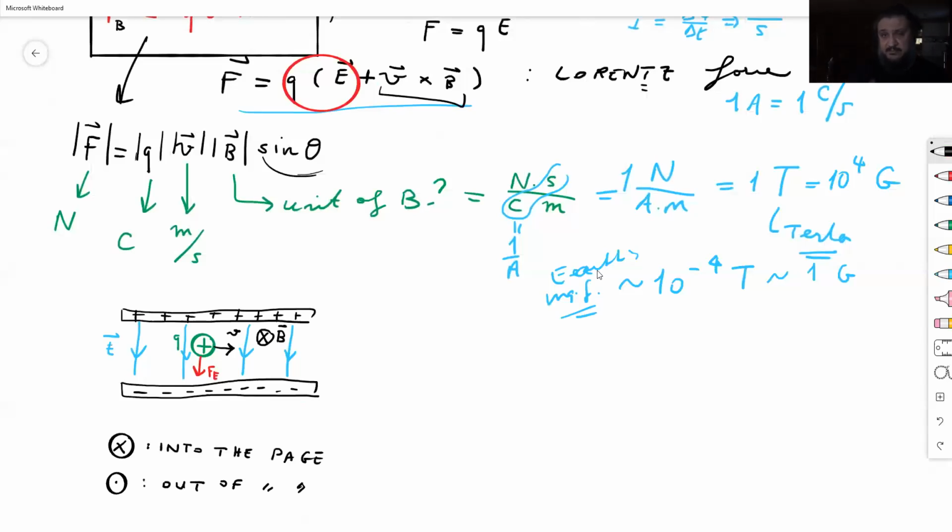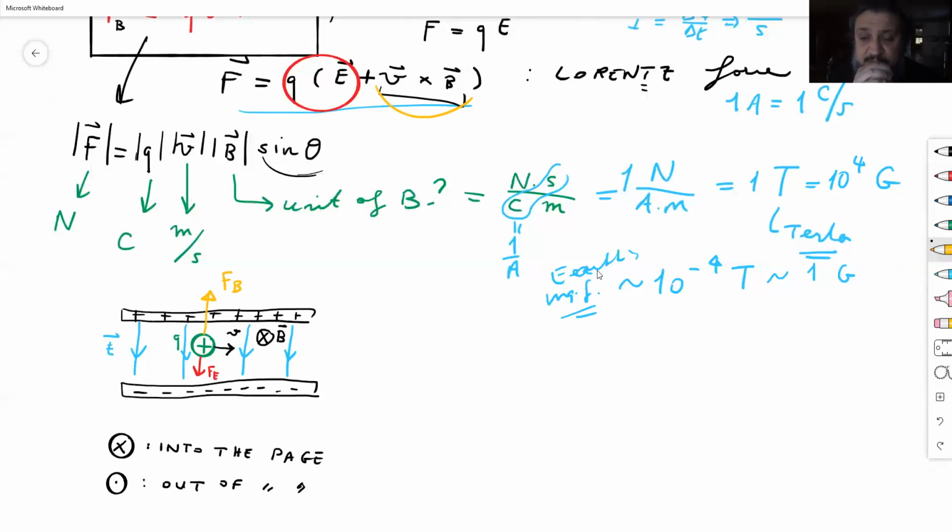Take your right hand, not the left hand, right hand, thumb in the direction of V, index finger in the direction of magnetic field, and then you would have a force which will be pointed by your middle finger. So in that case, it will be upward. This will be the magnetic component of the Lorentz force.